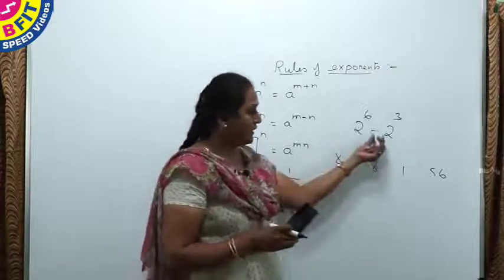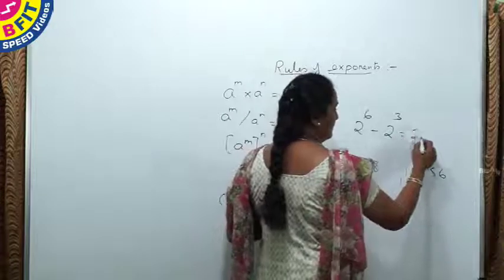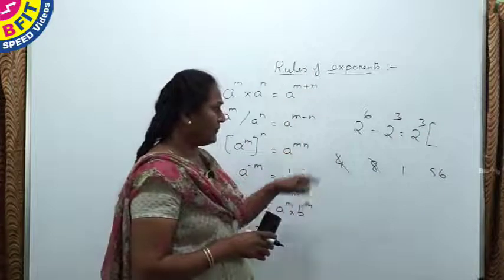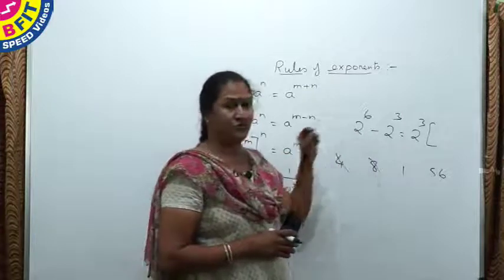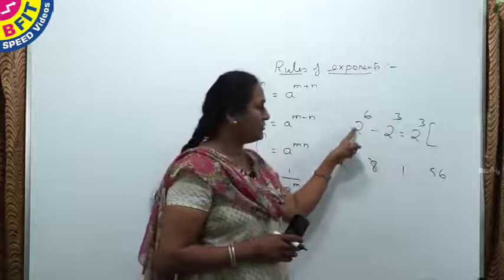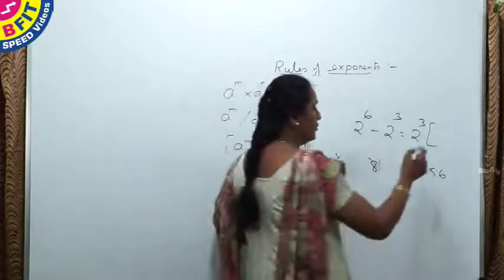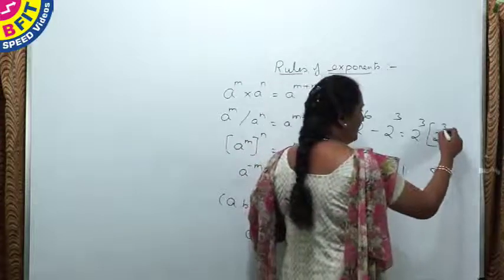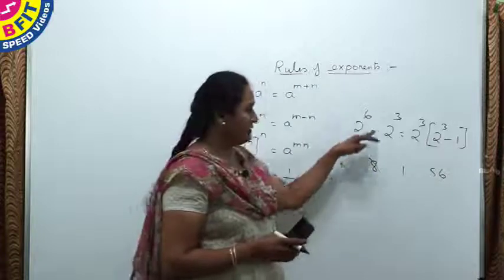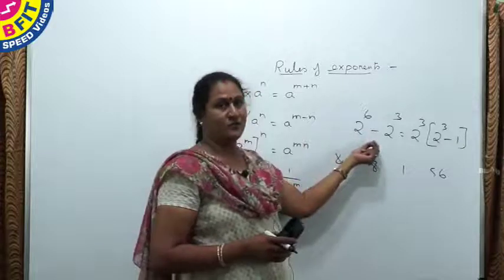So you have to take the common factor outside. In 2 power 6 minus 2 cube, the common factor is 2 power 3. Out of 6 2's, I have taken 3 2's outside. The remaining 2 cube will be inside, minus 1. When this is a quotient, we subtract the powers, but this is not a quotient, so it is different.